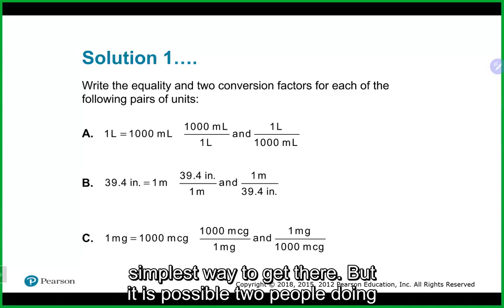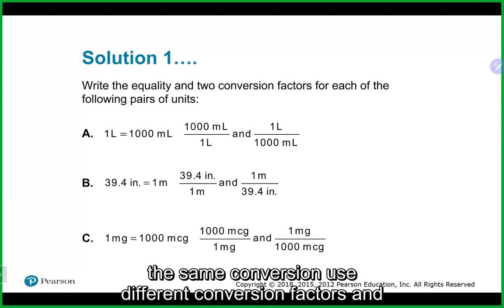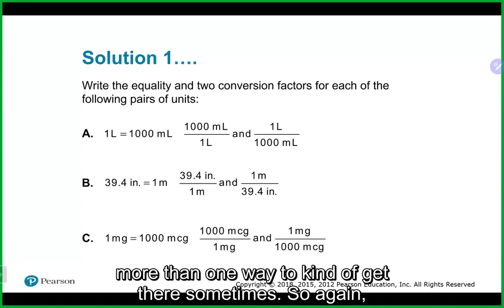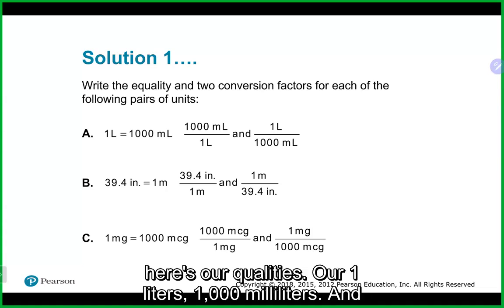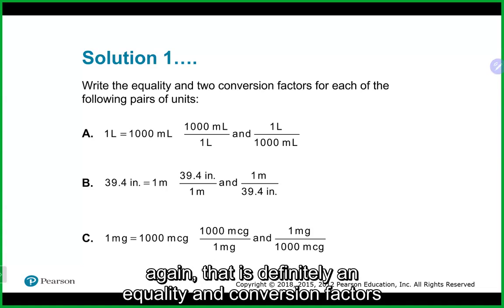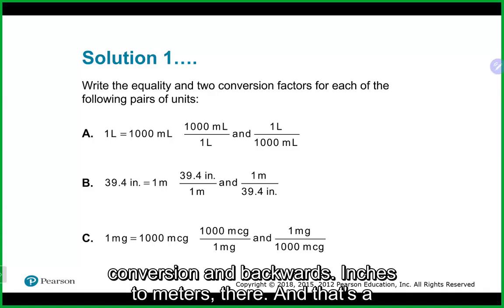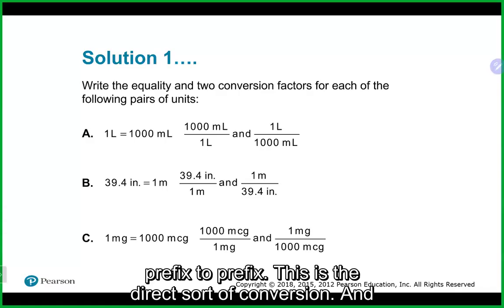It is possible for 2 people doing the same conversion to use different conversion factors and end up at the same answer, hopefully. So there can be more than one way to get there. Here are our equalities: 1 liter is 1,000 milliliters. That is definitely an equality and conversion factor that we use a lot in chemistry, the liters to milliliters conversion and backwards. Inches to meters there, and that's a prefix to prefix.